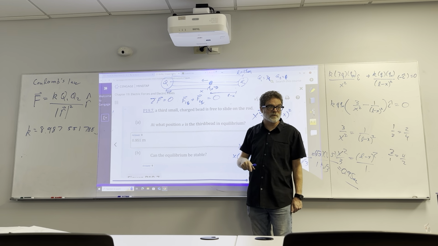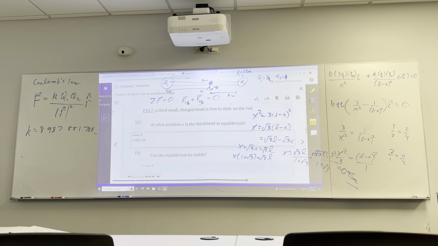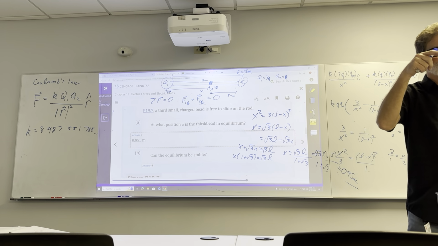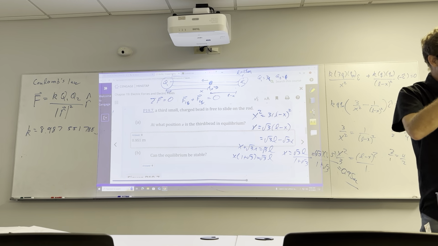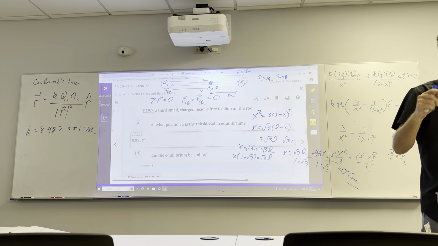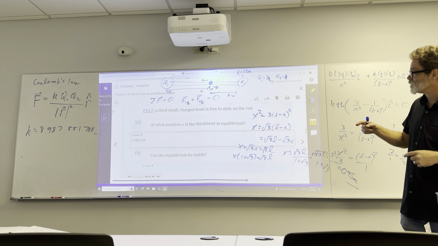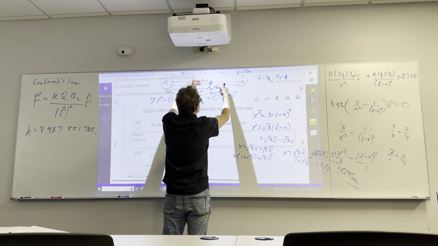So this is a stable equilibrium, because the forces are pushing opposite, toward the middle. It's kind of like a ball in a valley or on a hill. If it's in a valley, gravity keeps pushing it to the middle. But if you're on top of a hill, it's an equilibrium, but if you move a little, you fall off. So this one's a stable equilibrium, because the forces are pointing against each other.